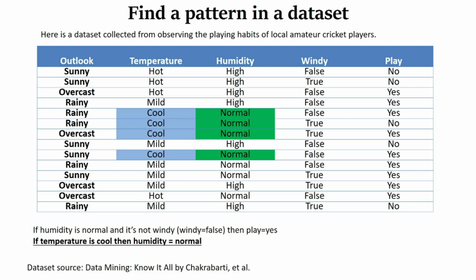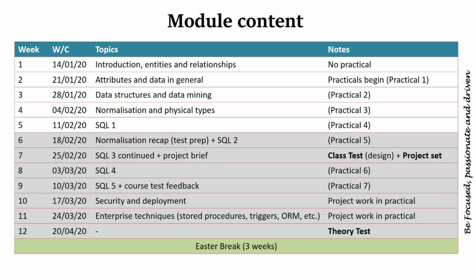It's maybe not 100% correct that in a cool temperature we have normal humidity. When you gather more data, you will face some cases where the temperature was cool but the humidity is not normal. So in a large population of data collection, we will probably face exception cases as well. But all of this is part of data mining and data analytics.